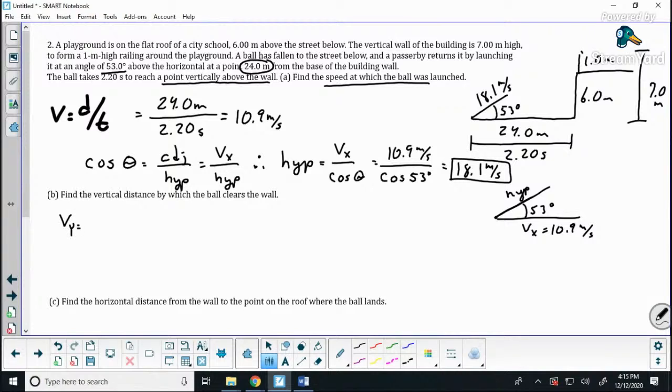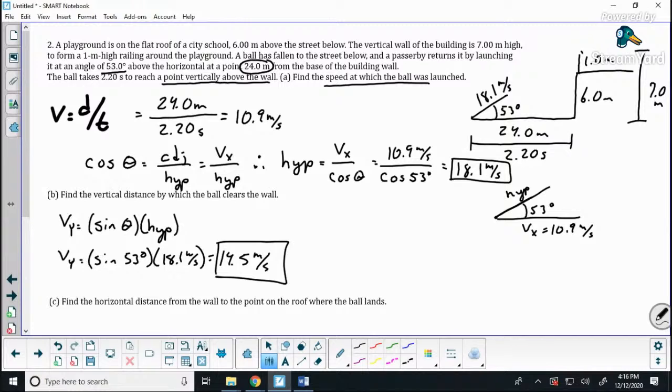If we think about sine and cosine, that's going to be the sine of theta times the hypotenuse, which is what we just solved for in part A. So the velocity in y is going to be the sine of 53 degrees times the hypotenuse of 18.1 meters per second. And when you solve for that, that is 14.5 meters per second.